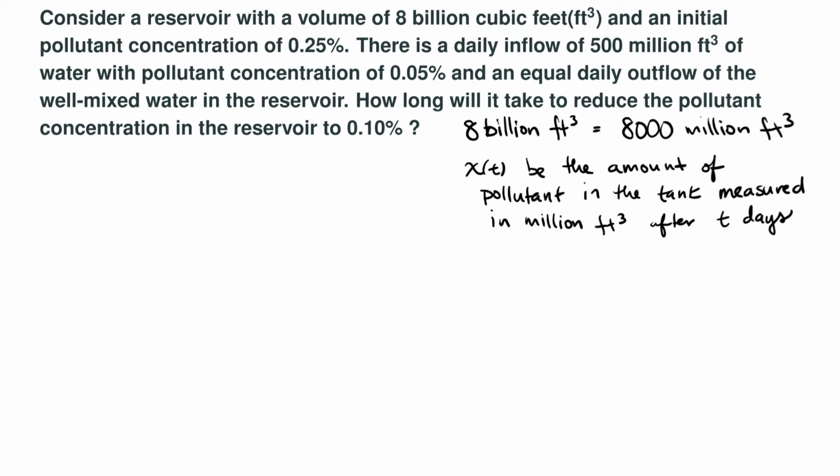Because we know the amount of pollutant in the tank is varying as time passes, because we are adding in a different concentration of pollutant and we're also outflowing some of the material in the tank.